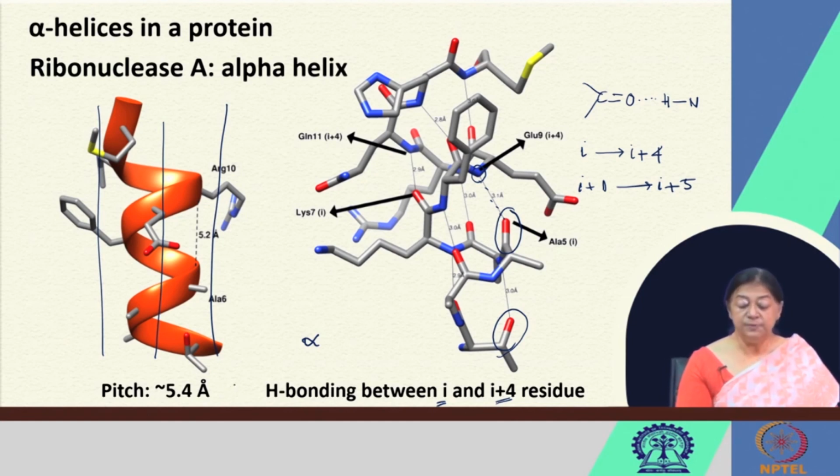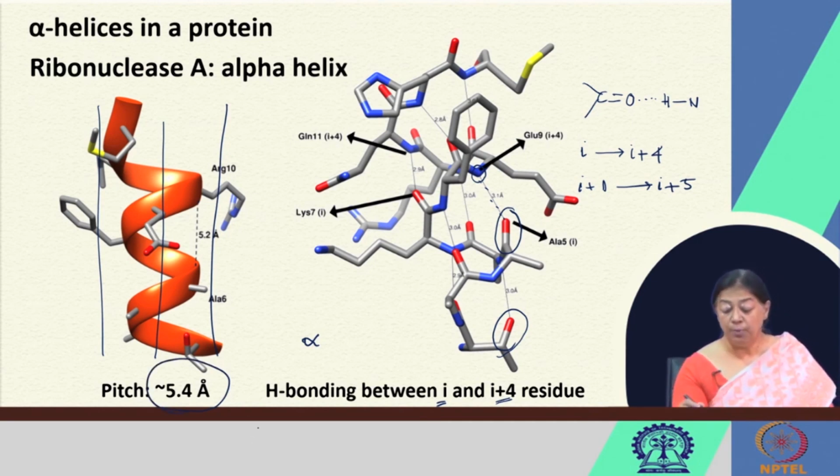This means there is a particular turn of the helix, with 3.6 residues per turn of the regular right-handed alpha helix that has hydrogen bonding from i to i plus 4. This means the helix has a pitch of 5.4 angstroms in length. The hydrogen bonding distances are usually around 3.4 angstroms.